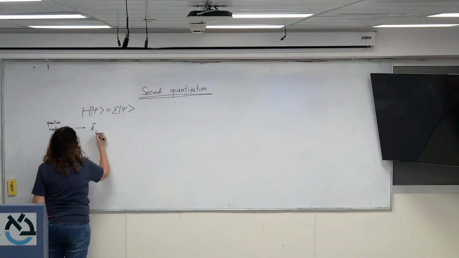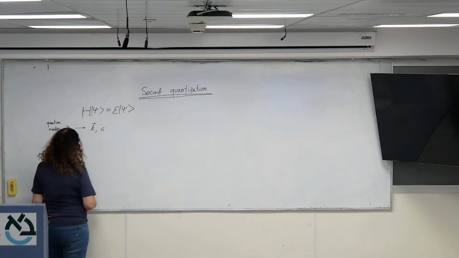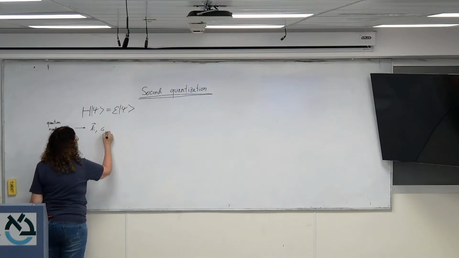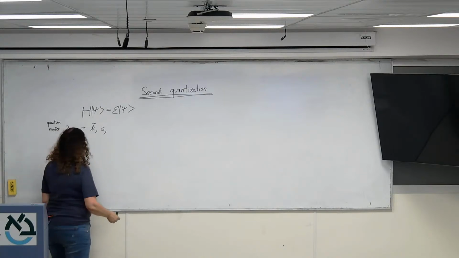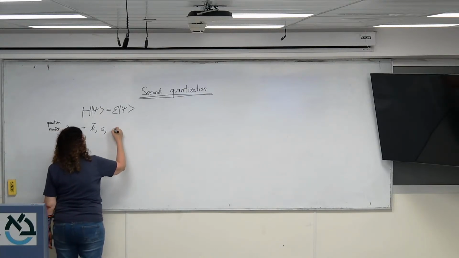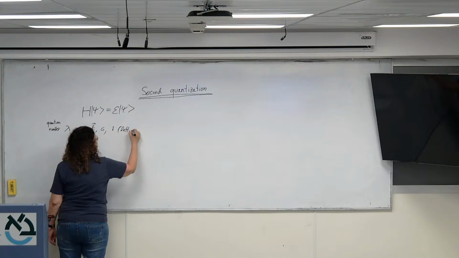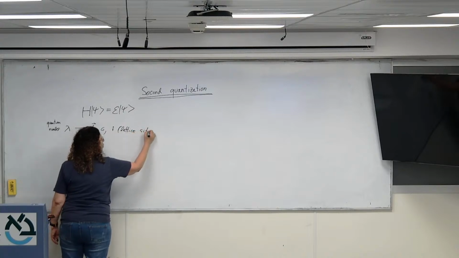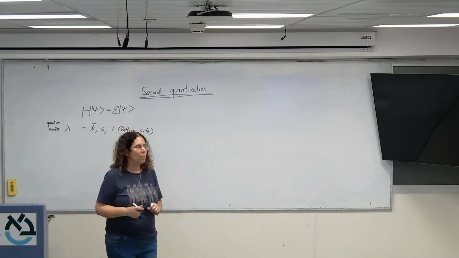It can represent spin, if we have particles with spins, or polarization. And it can represent an index i of a lattice site, if we think of particles that live on some discrete lattice.